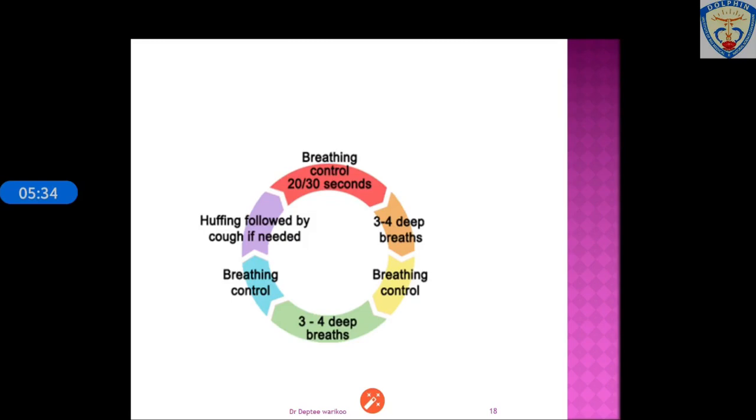So, this is the active cycle, which starts with 20 to 30 seconds of breath control, then 3 to 4 deep breaths, then again breath control, then 3 to 4 deep breaths, then again breath control, followed by huffing and then breathing. This is the cycle which is performed.